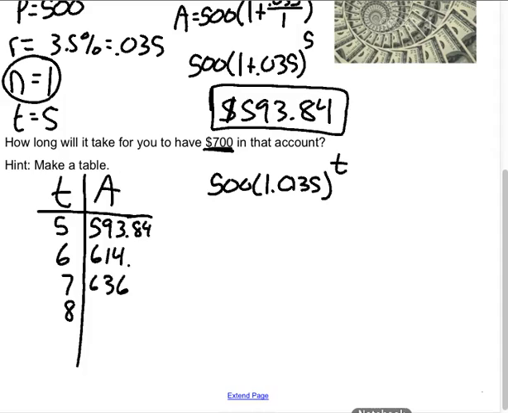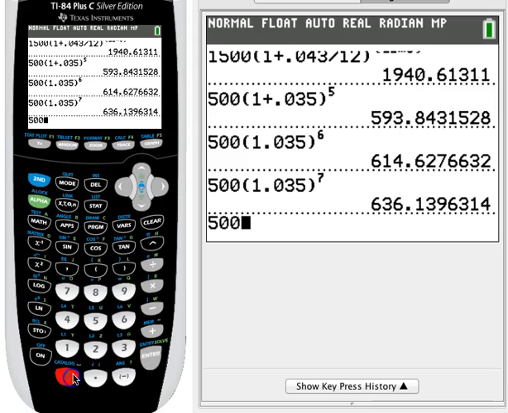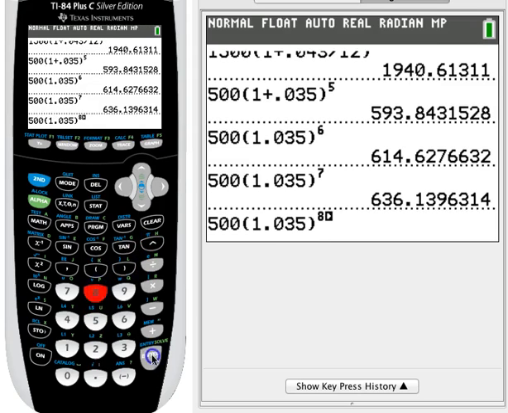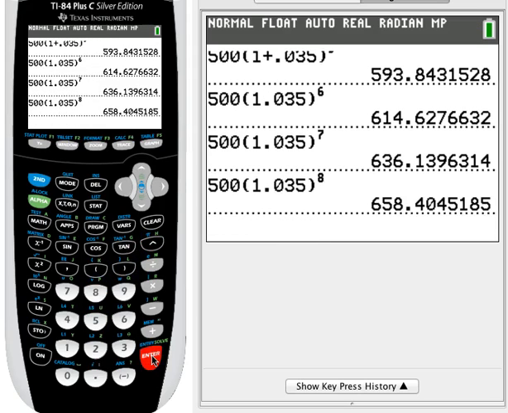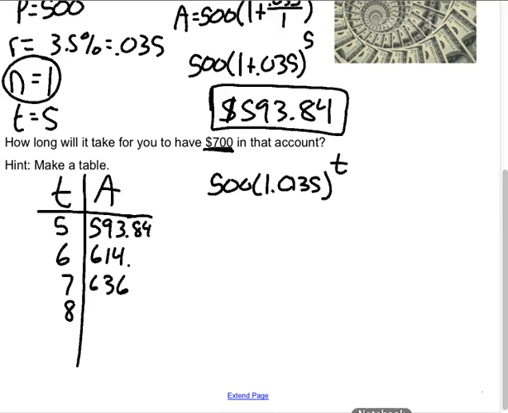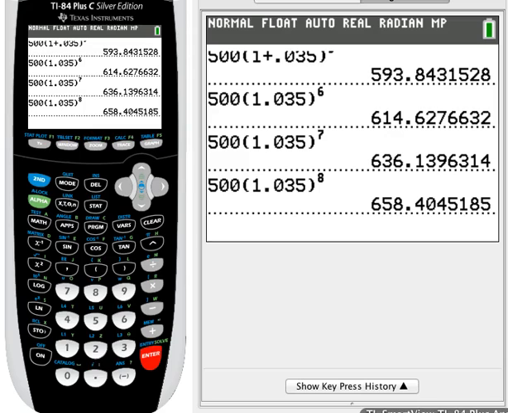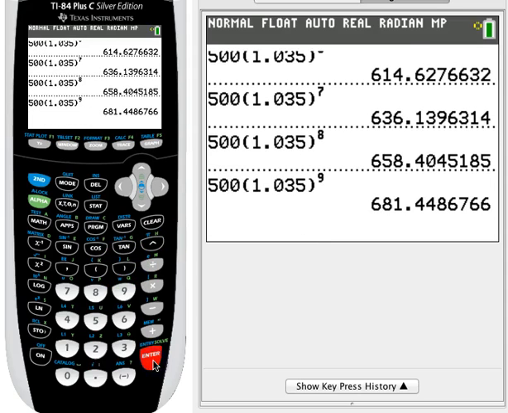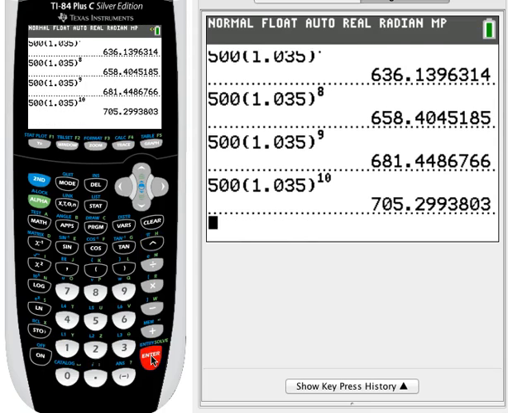Let's see, after 8 years. $659. After 9 years. Still not quite there. Let's try finally if 10 years will cut it.